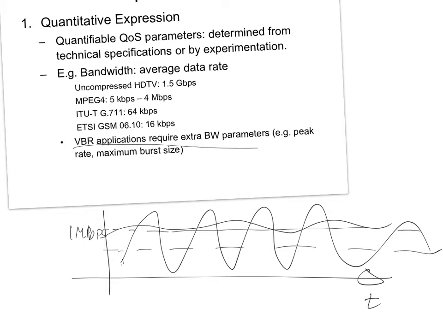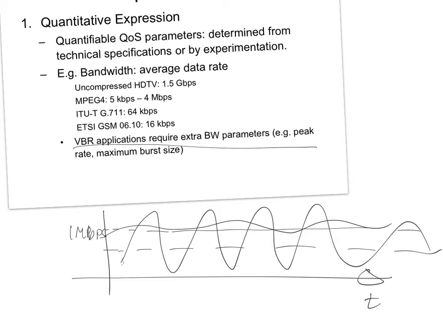So only guaranteeing average throughput or average delay for variable bitrate applications may not be enough. Okay? So we need to guarantee certain maximum or minimum, like maximum in the case of delay and minimum in the case of throughput.